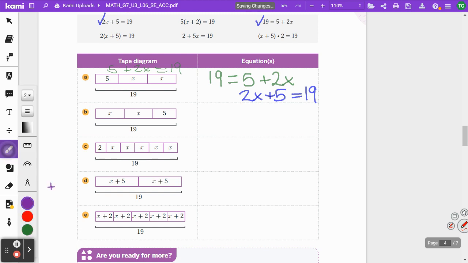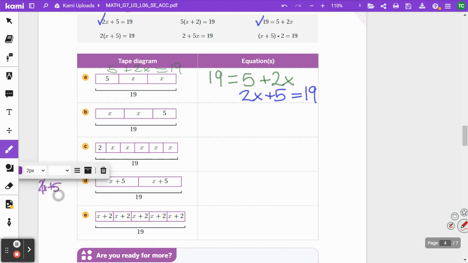Let's rewrite that, shall we? 2 of the groups of x together with the 5. And if I put those together, it would equal 19 in total. Do we have any equation up above that said, oh, look, the exact same thing right here. 2 sets of x together with 5 will equal a total of 19.